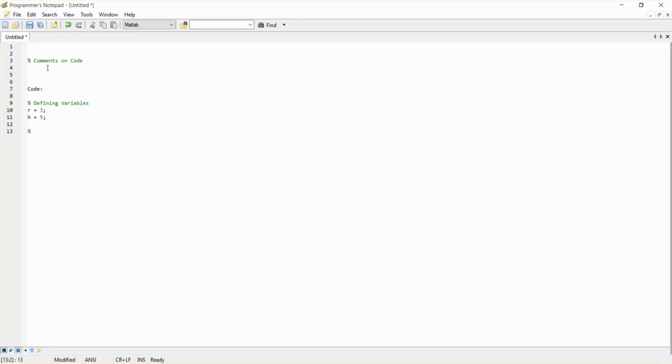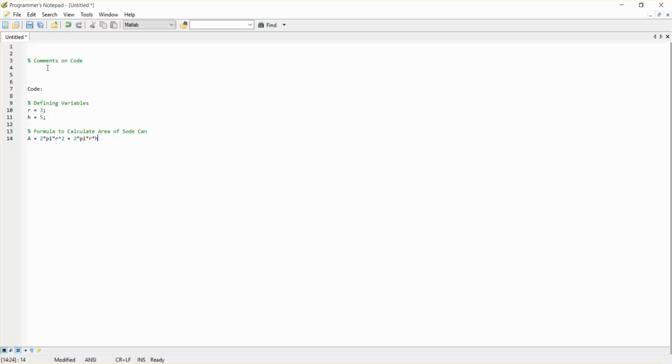And then later on in the code, you would say formula to calculate area, and then you'd have A is equal to 2 plus 2 pi r h, I think.